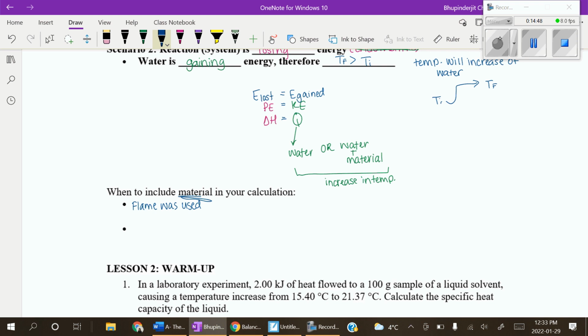Lastly, if they give you the mass of the material, so if they provide you with the mass of the material, then you also need to use it into your calculation.